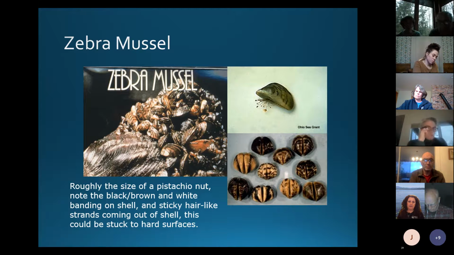The key identifiers of this one are that pistachio nut size, it's shaped like a D, so it has a flat side and then it arcs out. And then it has these little sticky strands that come out that allow it to stick to surfaces. So if you see any small mussels or clams sticking to your boat or your dock or rocks or other mussels, that's something that we should know about.